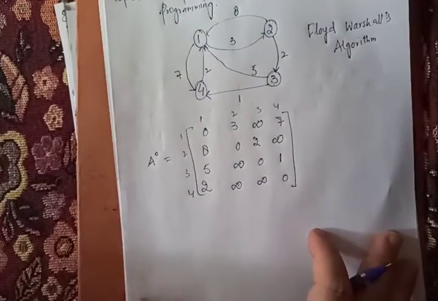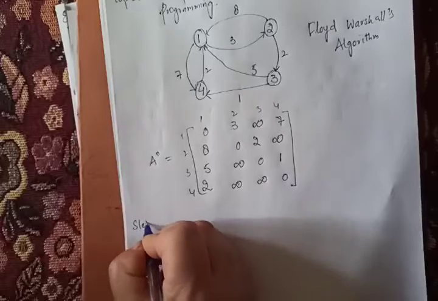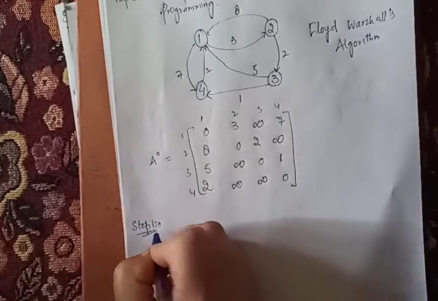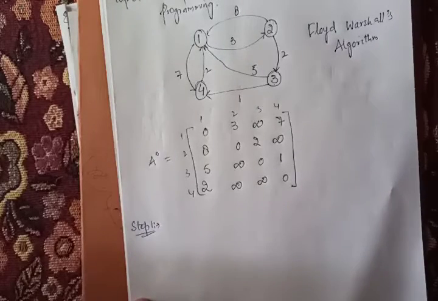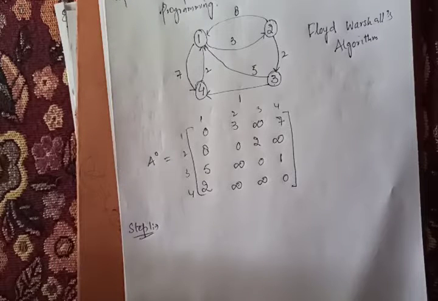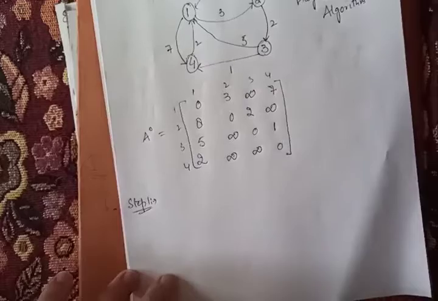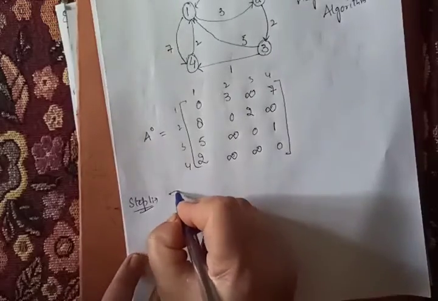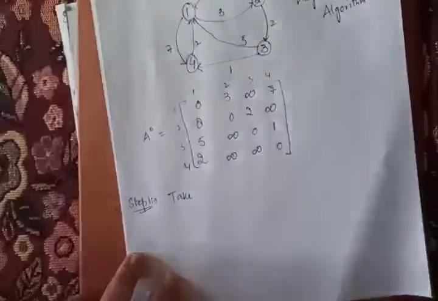Now what we have to do is step number 1. In order to find the all pair shortest path by using the Floyd-Warshall algorithm, by using the dynamic approach, these are the steps which we have to follow. We will start from vertex number 1.